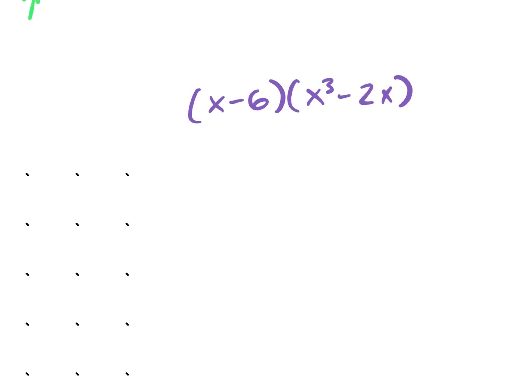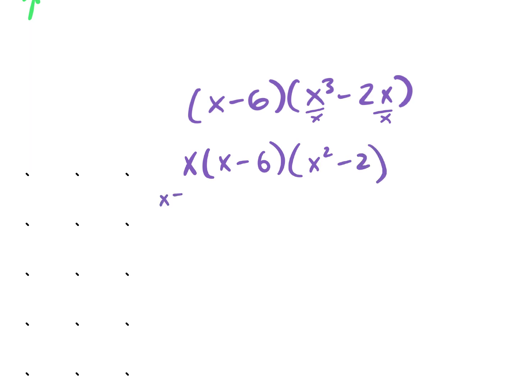So x minus 6 is already factored, can't break that down anymore. In my second group, I can actually take out an x from there, so I'm going to pull out an x to the outside. So take out an x, I have x minus 6, and then here I have x squared minus 2.